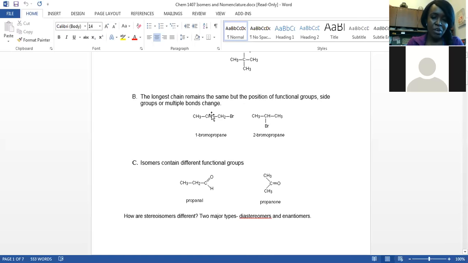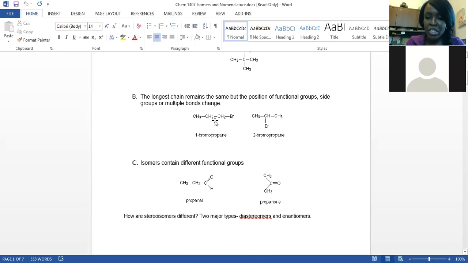So in this example, we see 3 carbons in series and a bromine at the end. That makes one formula. The basic molecular formula has 3 carbons, 7 hydrogens and 1 bromine. Same thing with this formula on the right, but the bromine is connected to a different carbon.